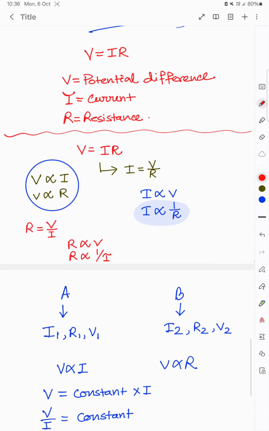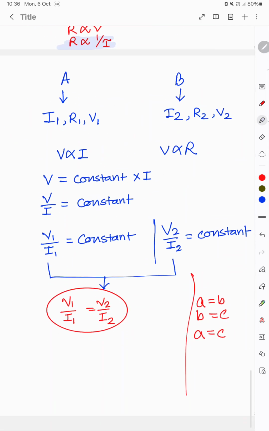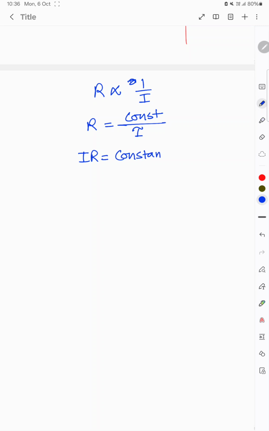Another, taking an inversely proportional relation, I am taking this one. R is proportional to 1 by I. So R is equal to some constant by I. So IR is equal to constant. In case of wire A, I1 R1 is equal to constant.